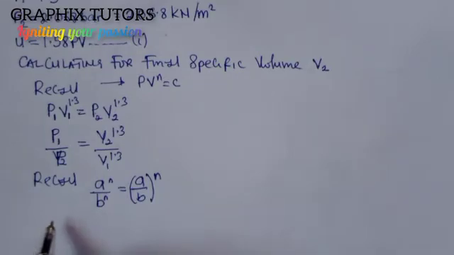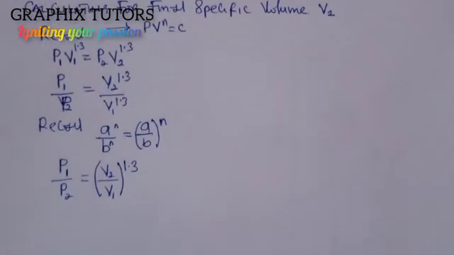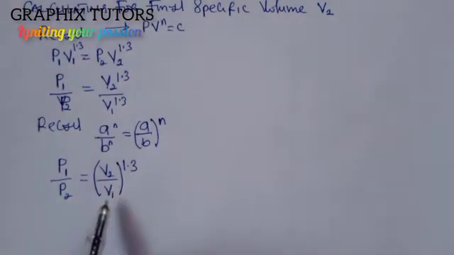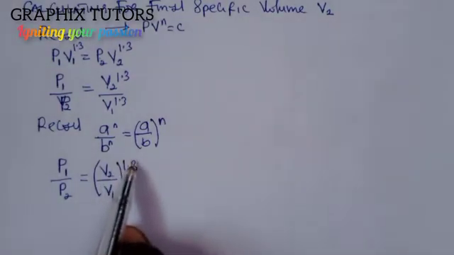So here I'll have P1 over P2 is equal to V2 over V1 all to the power of 1.3. Now, from here, I want to access V2, and I need to get rid of this 1.3.